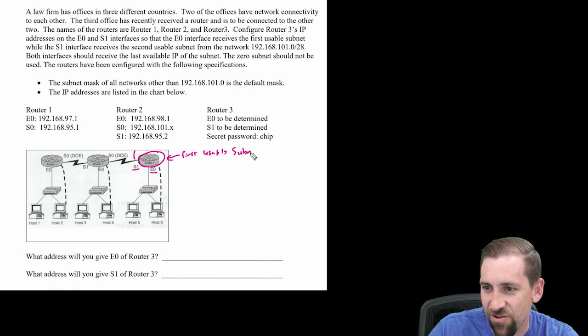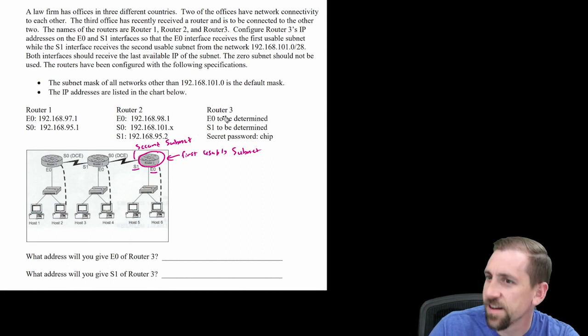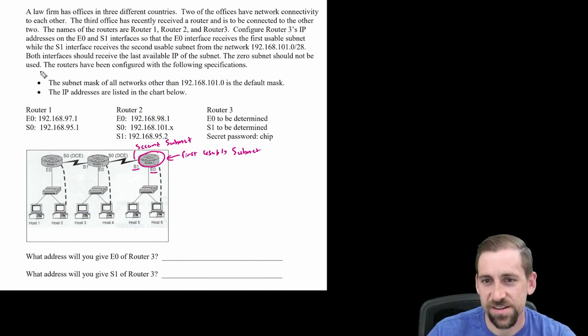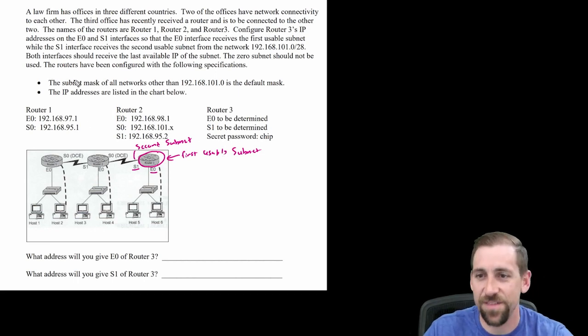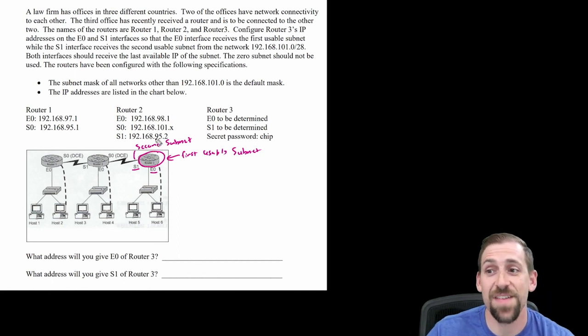This is subnet, not address. So we'll just call this second subnet. And it says usable here because if we look down further, the 0 subnet should not be used. So the first usable is actually not the 0 subnet, it's actually something above that. And then the second usable would be the next address above that.